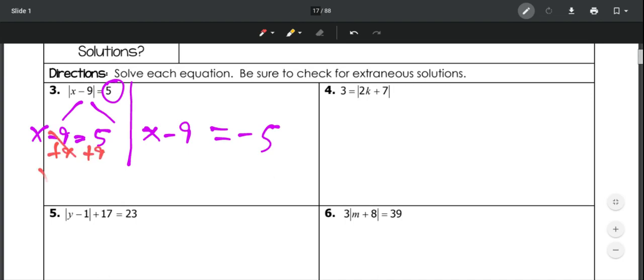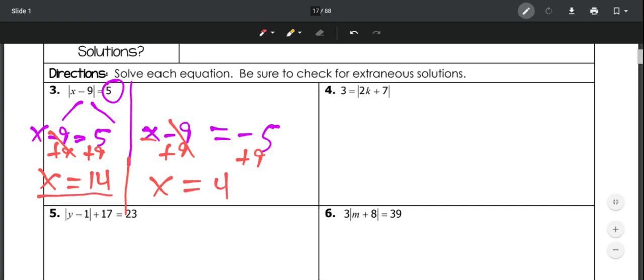Got to do it to both sides. So x is going to equal 14 on this side. Now we're going to do the same thing for the right side. We're going to add 9 to both sides because we want to get x by itself. So that's going to get rid of that. It's going to be x equals 4.